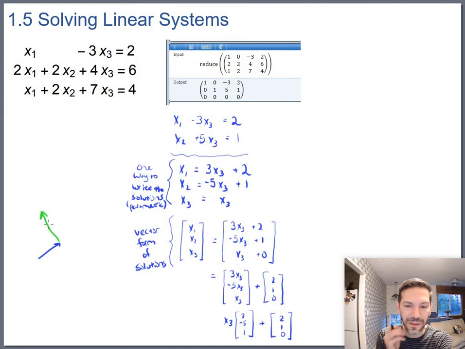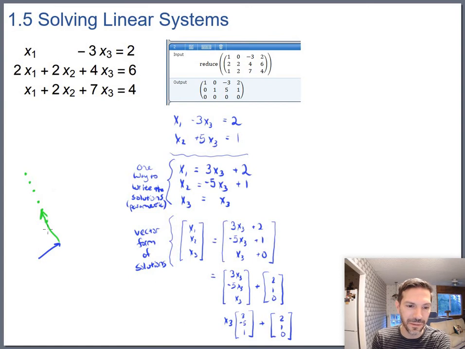So there's one solution point right there, but 3, negative 5, 1 could be multiplied by any scalar, so it could be made longer or shorter, or even flipped around to point the opposite direction, like if we multiplied it by negative 1. So not only are we able to point to that point, but if we make it a little longer, we can point to that point, or a little longer, we can make it point to that point.